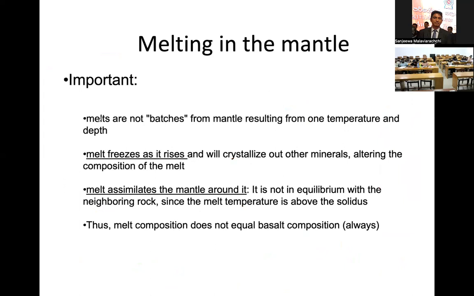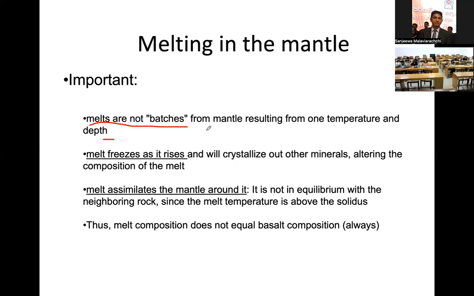Okay, some important points we have to note down. The melts are not always batches from the mantle, resulting from one temperature and one depth. At different temperatures, at different depths, there will be some melt components produced.